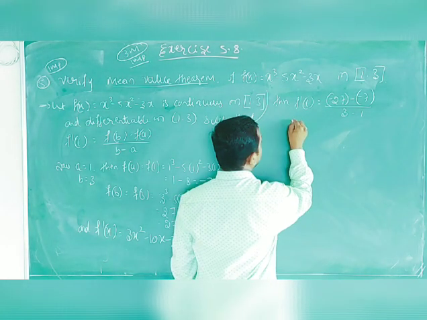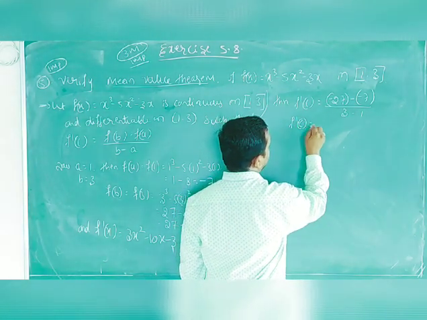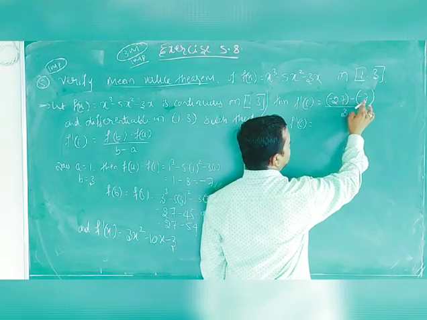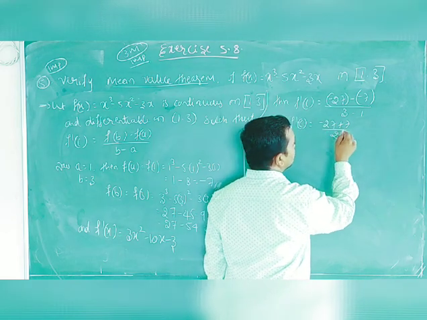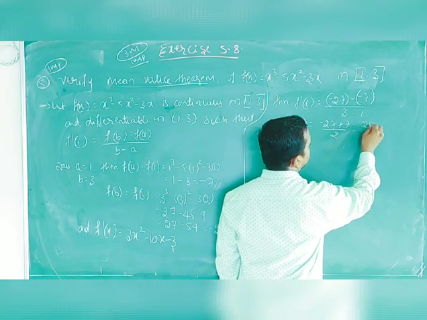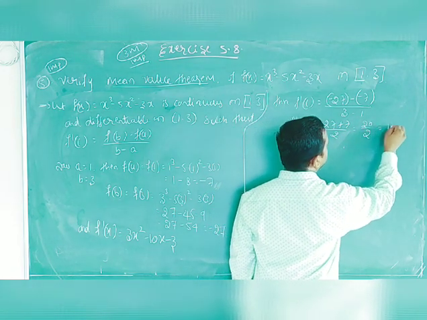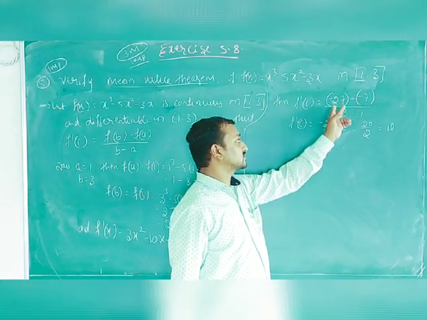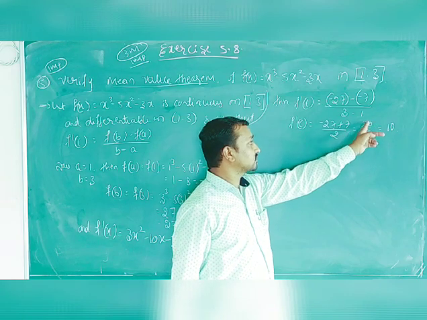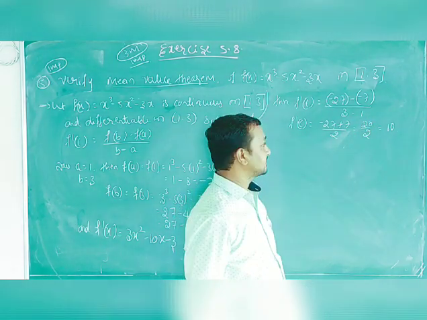So f dash of c equal to minus 27 plus 7 divided by 2, that is 20 divided by 2, equal to 10. Minus into minus is plus 7. Minus 27 plus 7 is minus 20, so minus 20 divided by 2 is minus 10. F dash of c equal to 10.